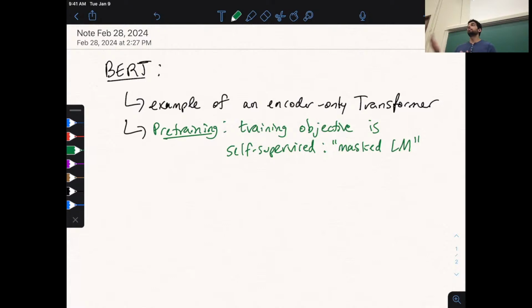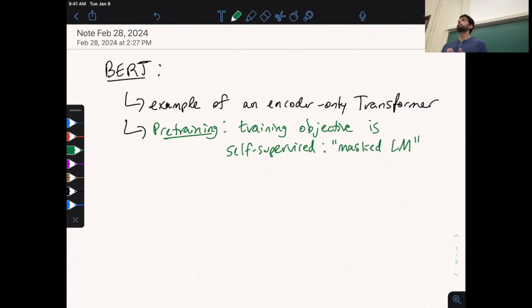Yeah, so remember how we introduced this masked language modeling objective, right? We take any piece of text, we randomly select some percentage of the tokens to replace with a masked token, and then we run through this transformer network and predict the identity of the masked words. So as long as I have any piece of text, I can just do this without any sort of additional human labeling or data collection, right?